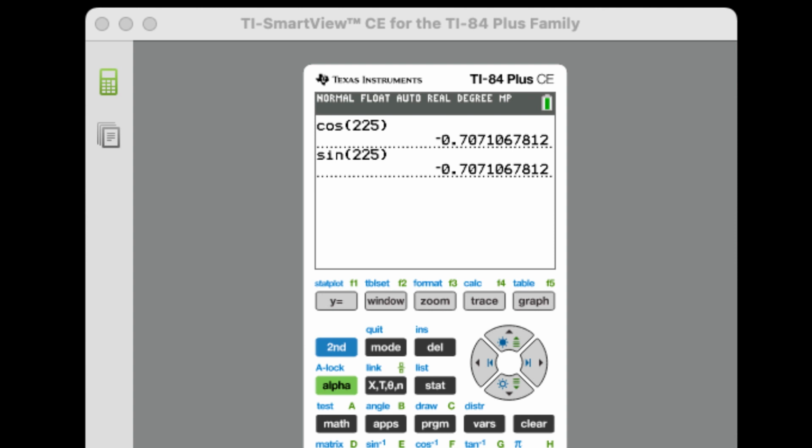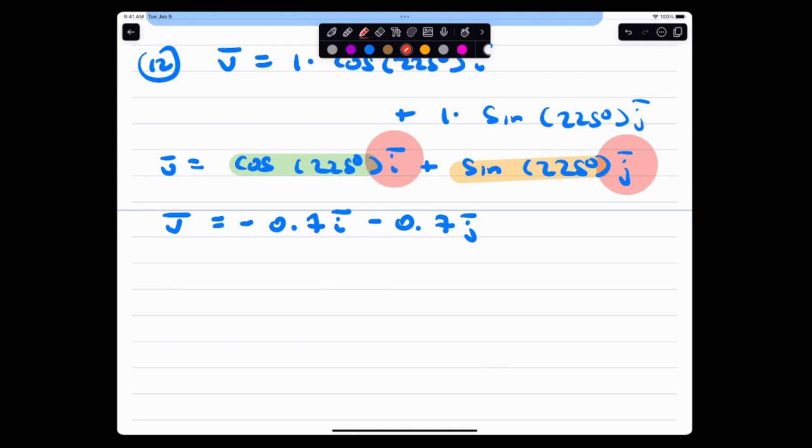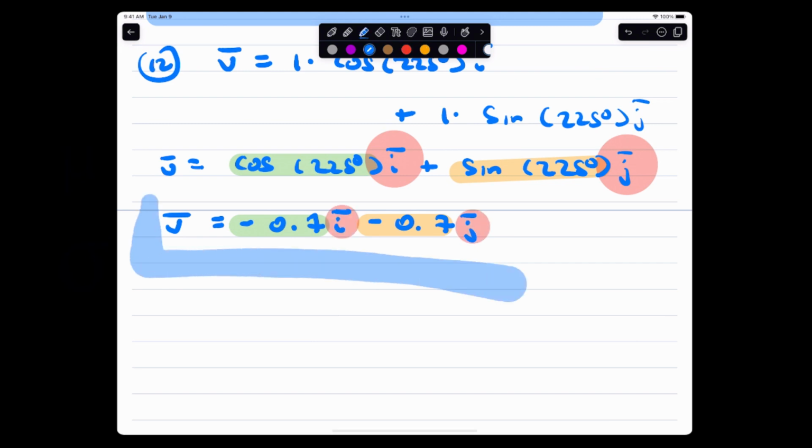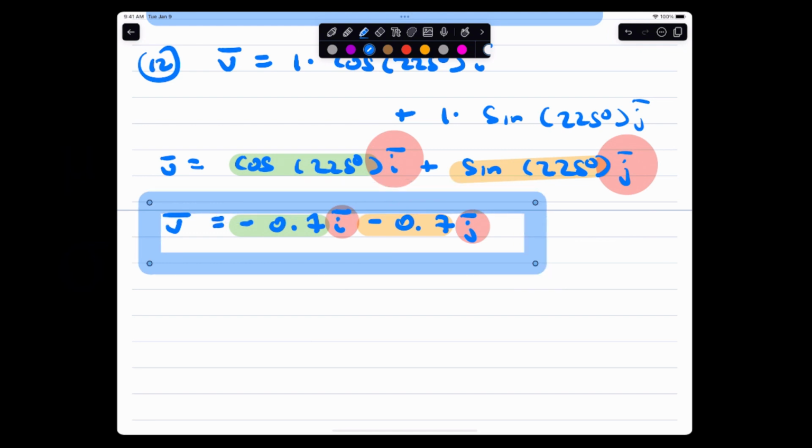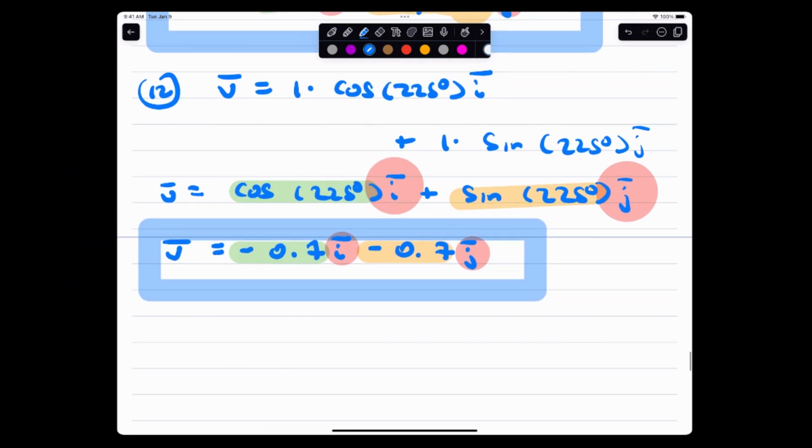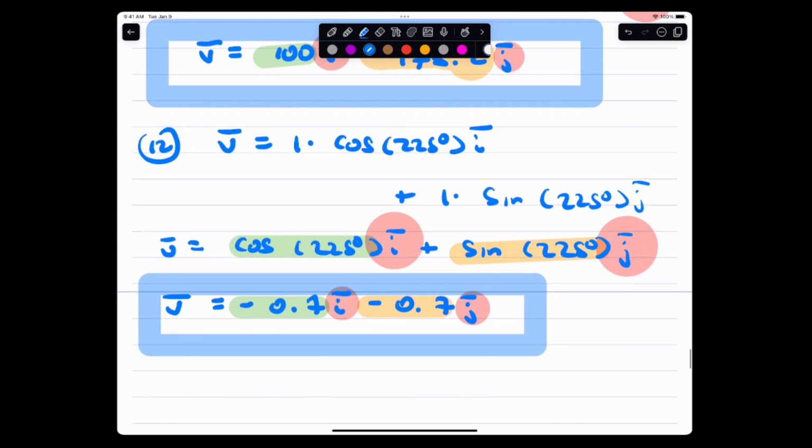Negative 0.7i minus 0.7j. Going to the tenths. There's your vector v. Easy peasy lemon squeezy.